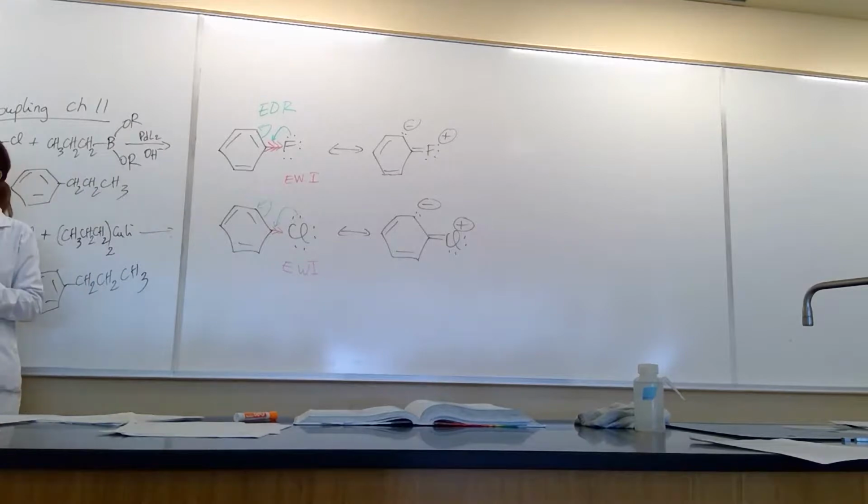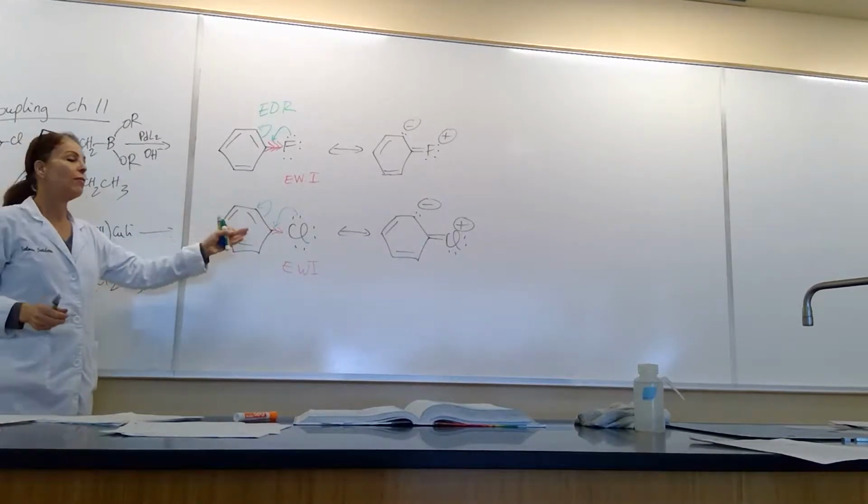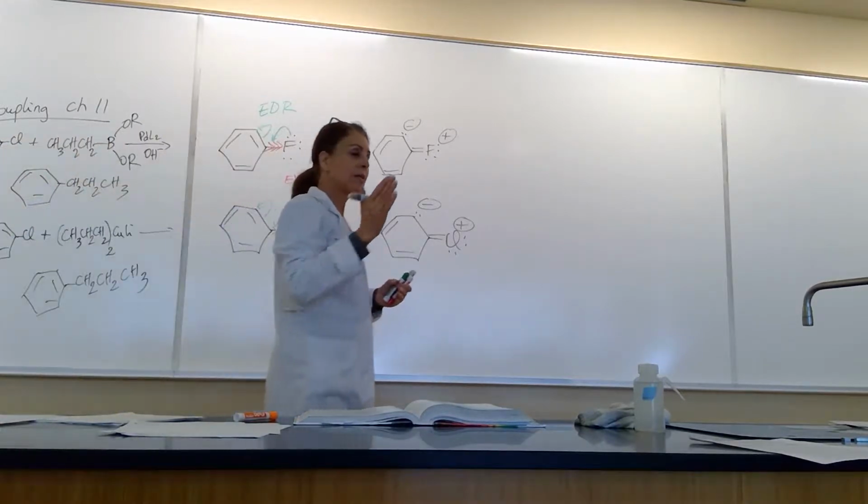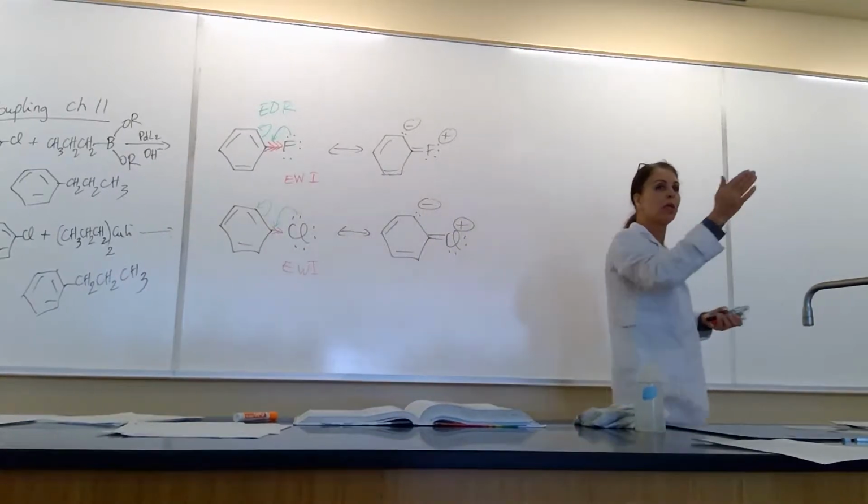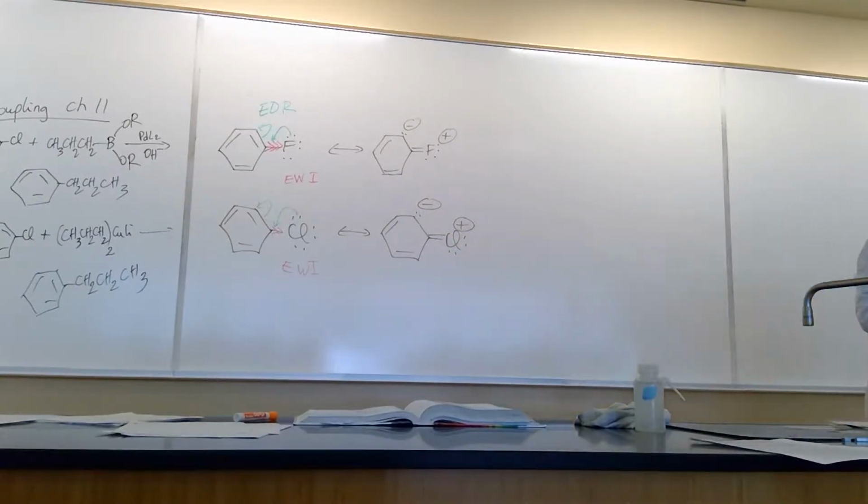But why do we have resonance forms? What does it mean when you put the arrow? What's moving? When you put these arrows, what's moving? Electrons. And where are they moving? They're moving from one orbital to the next. Do you agree or not?